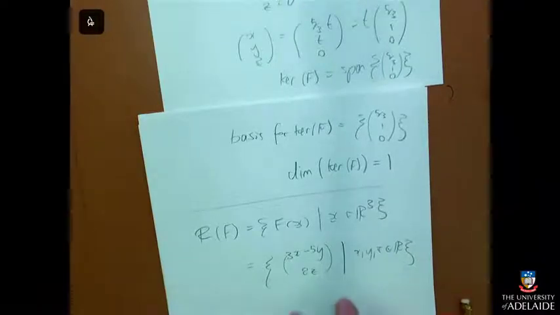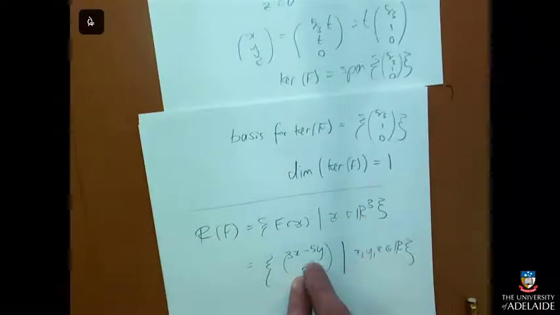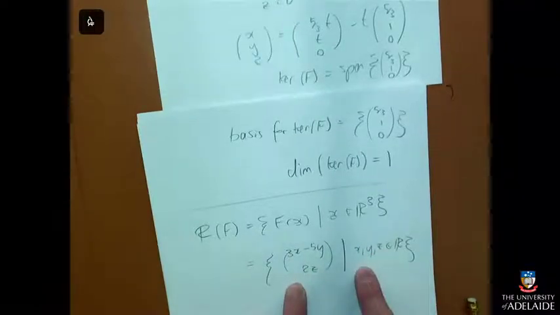This is what f of x was: 3x minus 5y and 2z. And the vector x being in R3 means I can choose whatever coordinates I want. So that's what this set is.